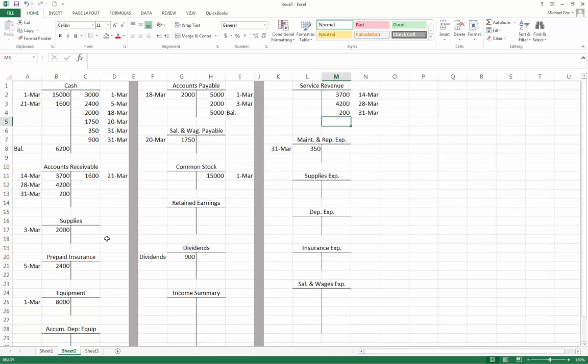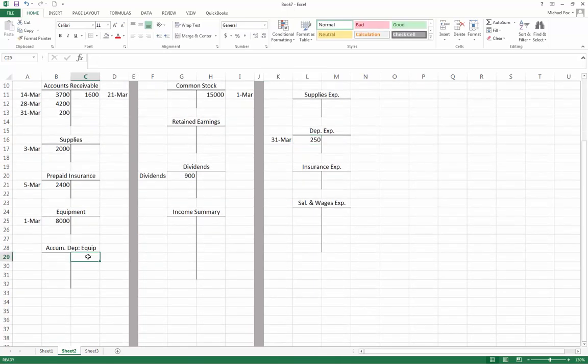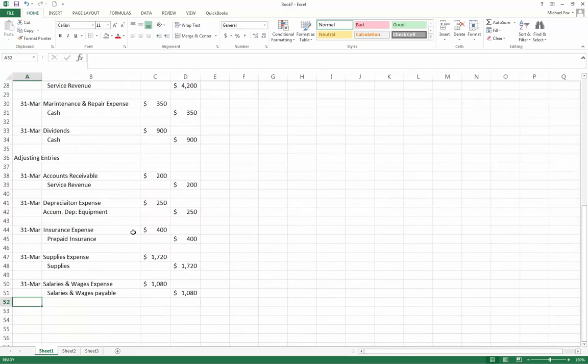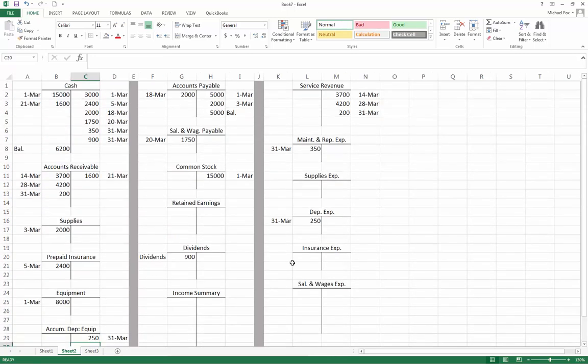All right. Depreciation expense 250, accumulated depreciation of 250. So depreciation expense, which was right here, 250. And accumulated depreciation, which should be over here with the assets. And we had insurance expense of 400 debit and prepaid insurance credit of 400. So insurance expense and prepaid insurance, the asset, it's credited 400.